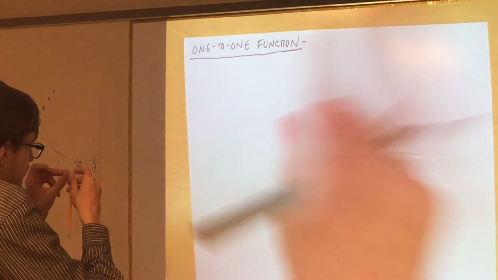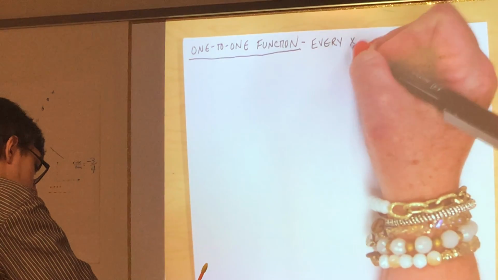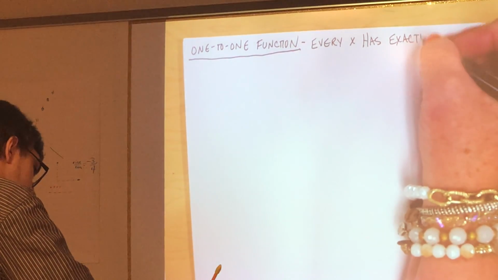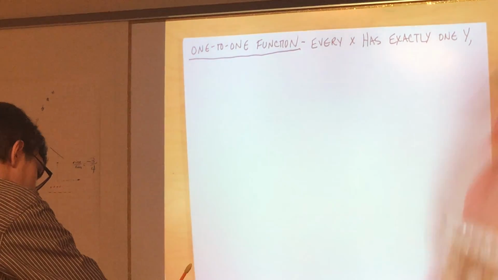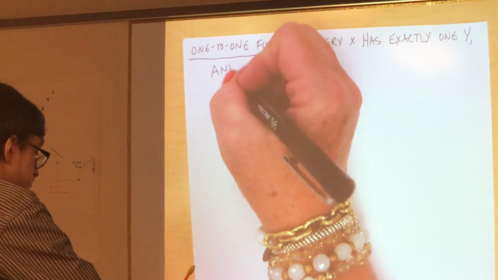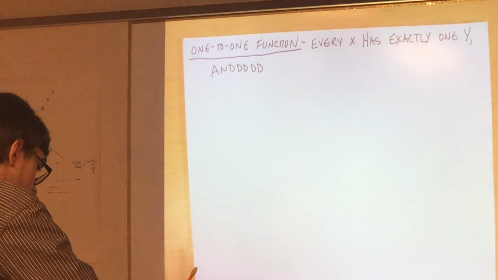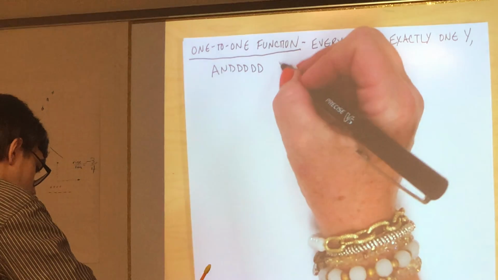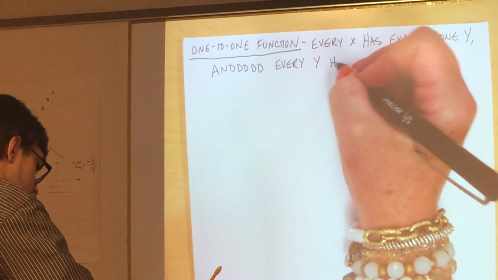So what is a one-to-one function? First of all, every x has exactly one y. And what? Every y has exactly one x. That is exactly right.